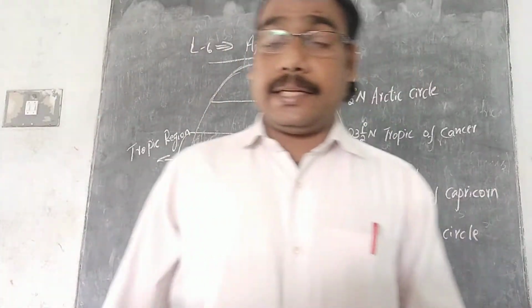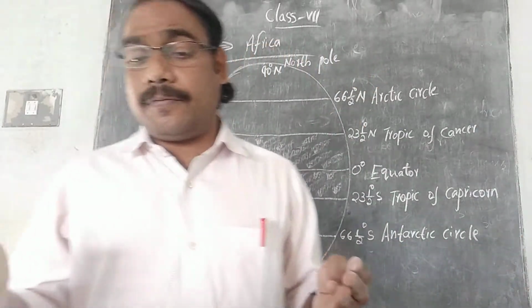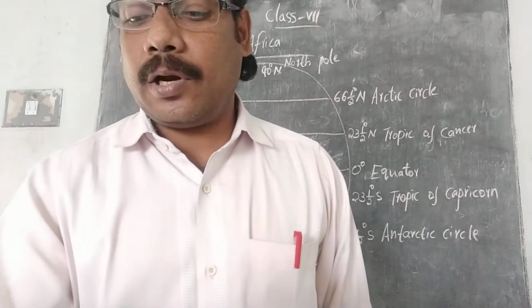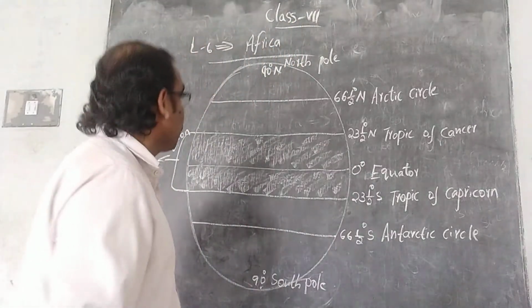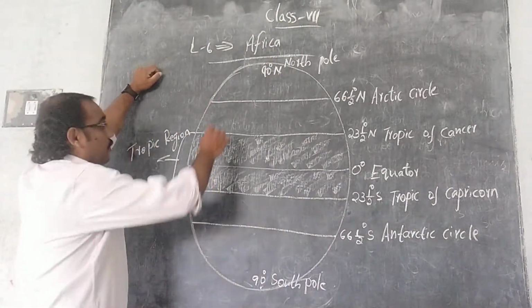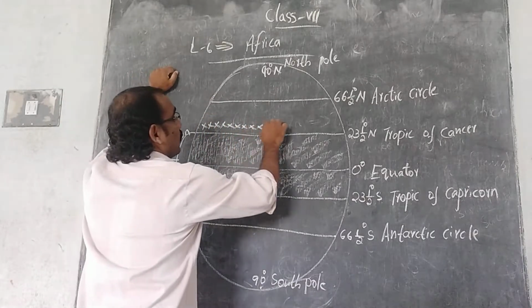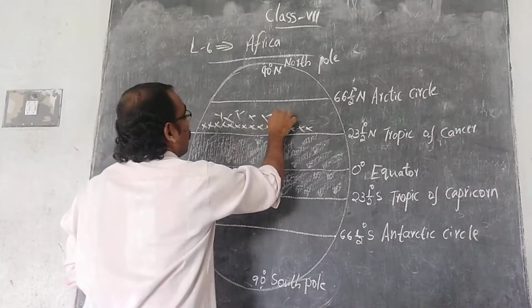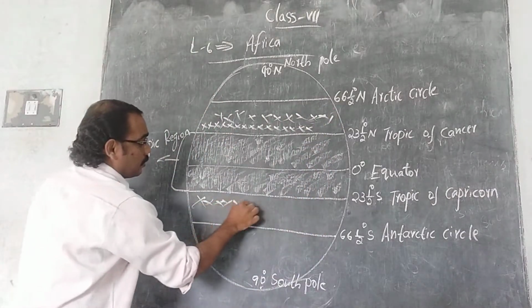Now coming to the temperate region, another region's name. It is the region between the tropics and the polar region. Tropic region I already told you. Now listen, we will give another shade like this. Same way, this.